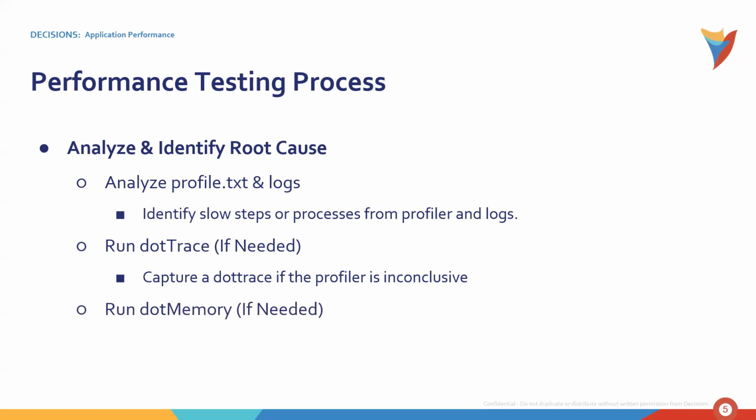And in case there is a significant memory spike, and the flow that we have executed is not creating that many variables, but still there is a memory spike, then we should also capture the dot memory so that we know what is the reason for high memory usage. And then this dot trace and dot memory need to be shared with the product engineering team so that they can tell us what's causing the problem.